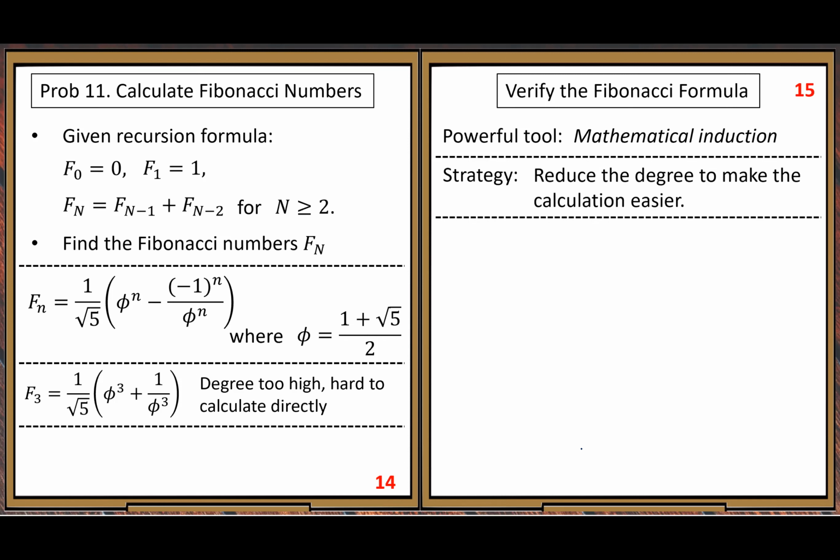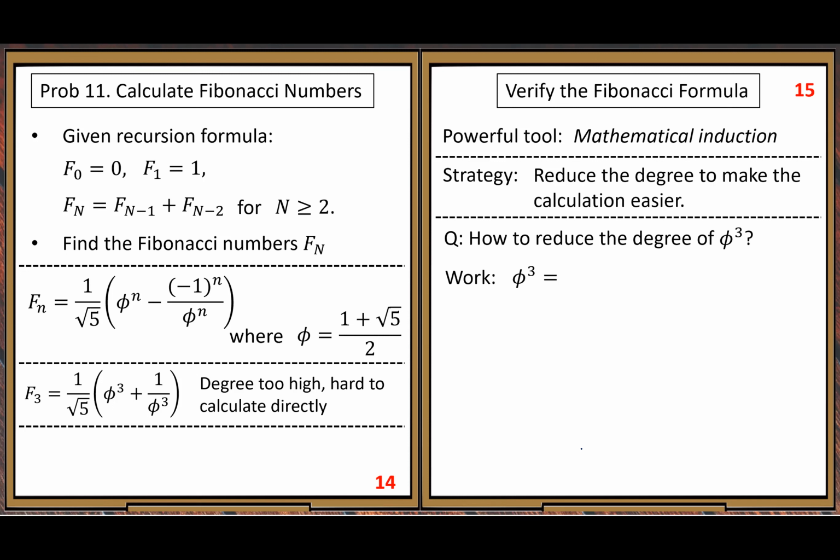The strategy: reduce the degree to make the calculation easier. I just showed you using F2. Now we work on F3, but let us work on phi cube. How do we make phi cube a lower degree phi expression?